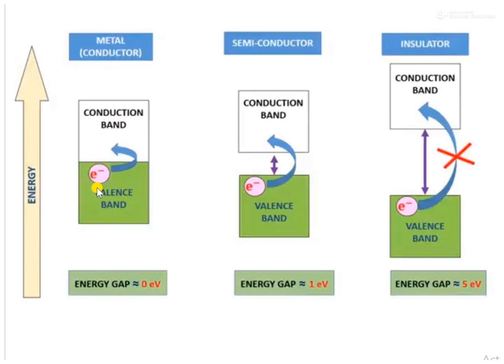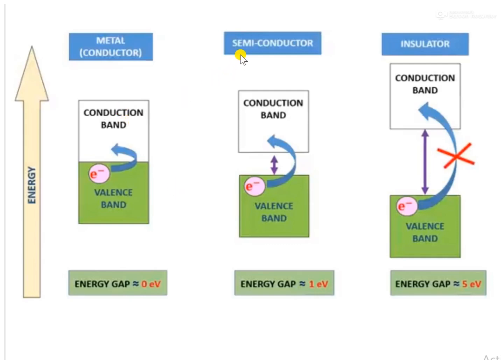So for electrons, it is easy to move from valence band to conduction band. The energy gap may be zero, or very small. So the energy gap here is 0 electron volt, and no energy is required to jump an electron from valence band to conduction band.